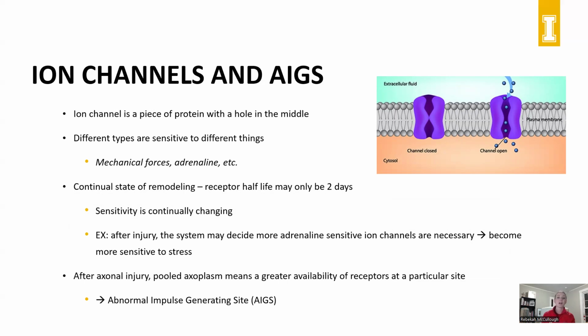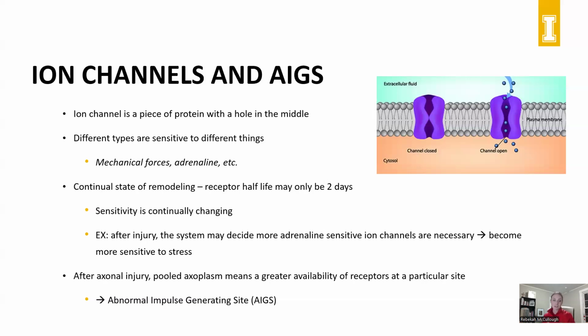They can be sensitive to mechanical forces, adrenaline or some other things. But those ion channels are in a continual state of remodeling. So the receptor half-life may only be 2 days, and then it remodels and it can change what it is sensitive to based on what the body needs at the time.